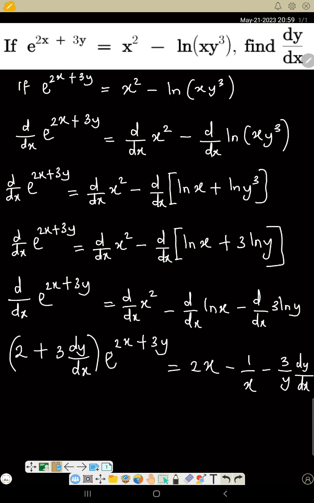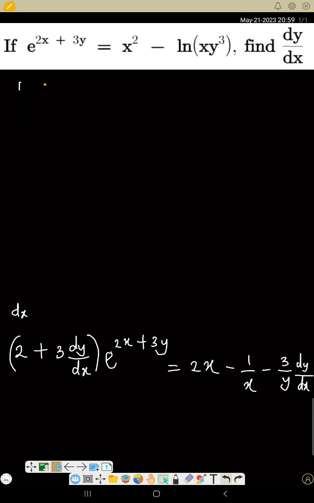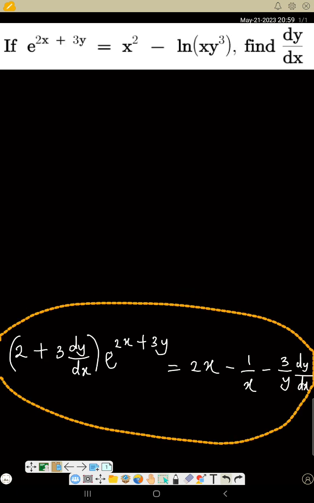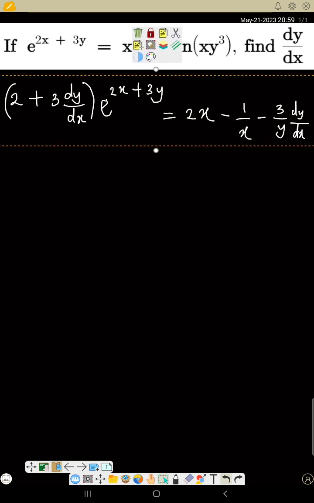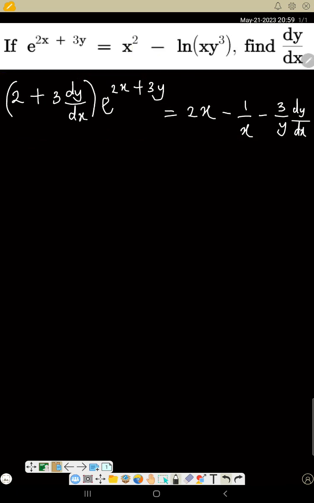So we are going to get 2e raised to power 2s plus 3y, that is 2 times everything here. Again 3 dy/ds times everything again. So we open the bracket.